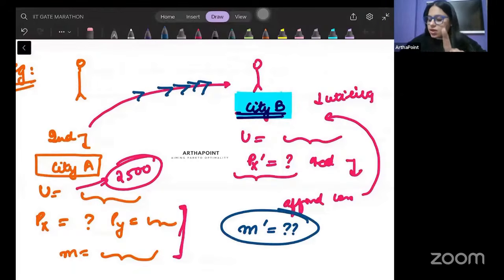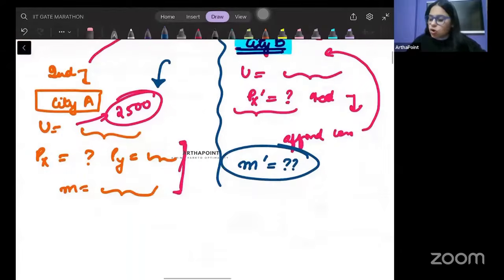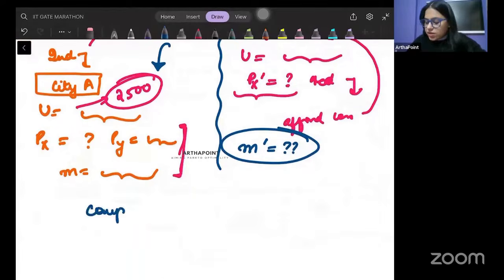But I will make sure that you get the same level of utility. If you were getting a utility of 2500 here, I will ensure that you get the same utility there, even though this city is expensive. This is called compensating variation.